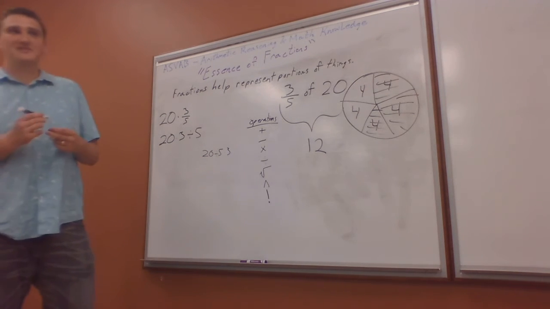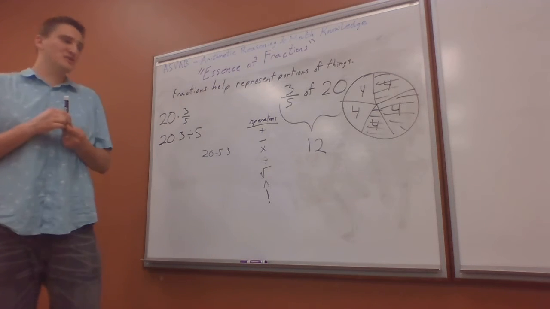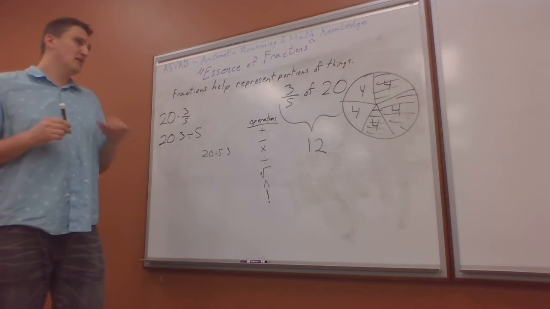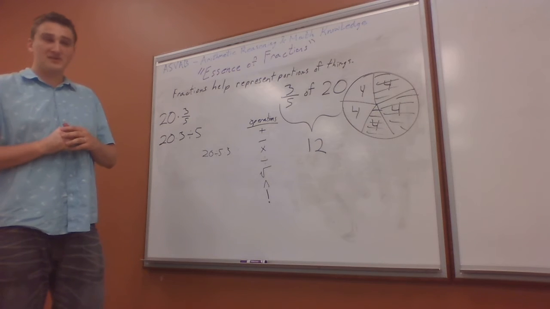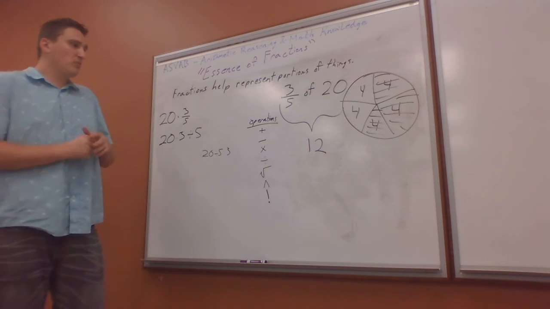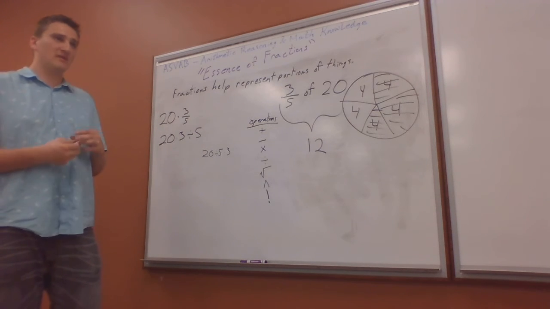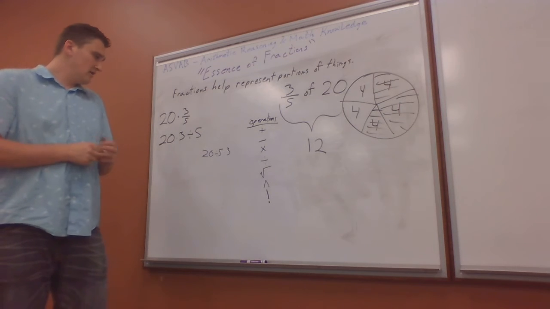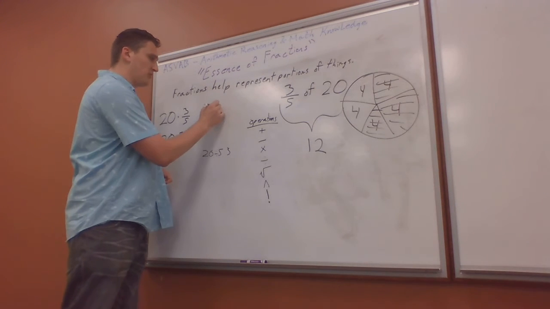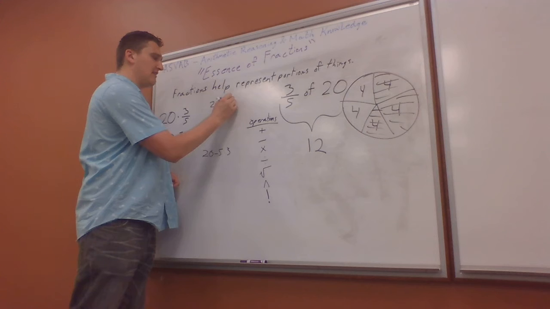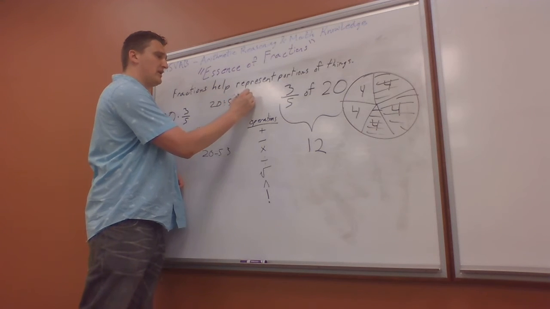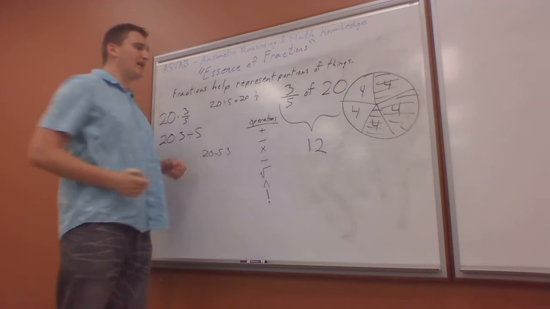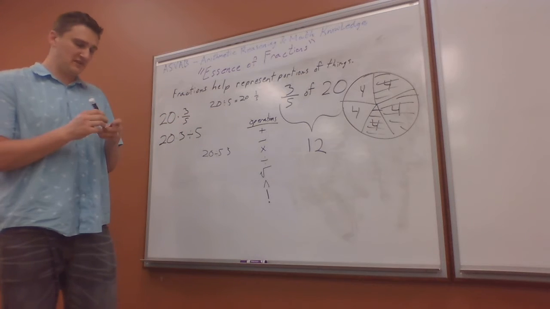Yes, PEMDAS, we always hammered it into our children saying you must do multiplication before you do division, but multiplication and division are kind of on the same level. Meaning that 20 divided by 5 is the same thing as going 20 times a fifth. There's a way I can do division with fractions here.